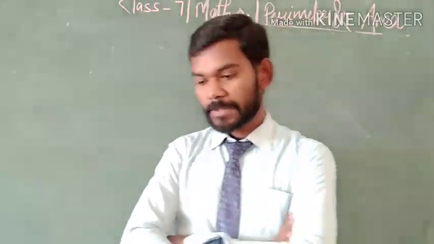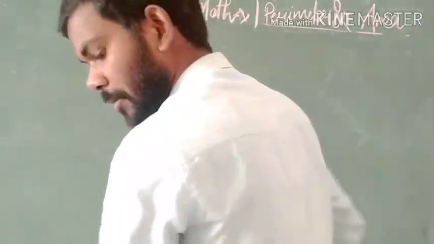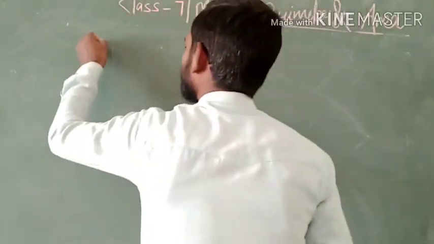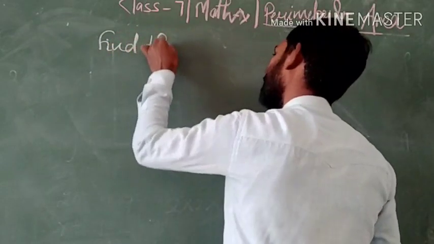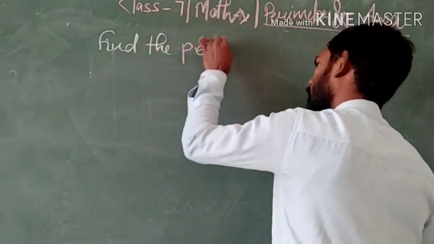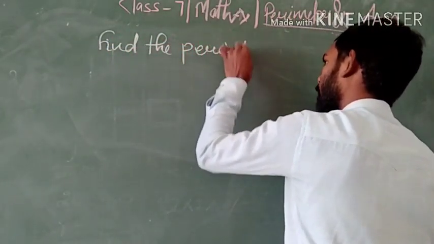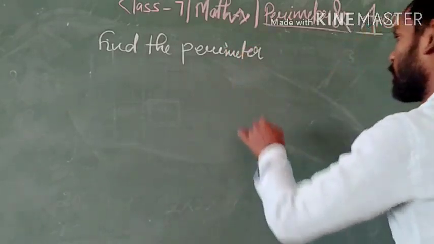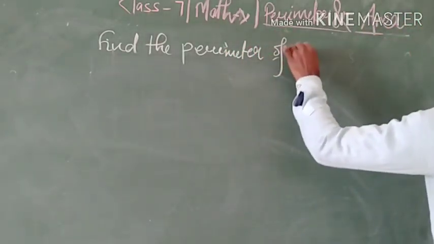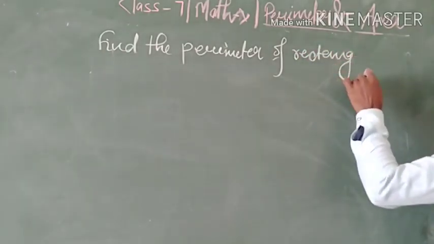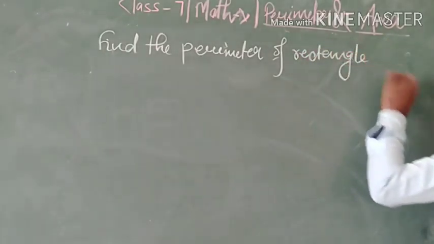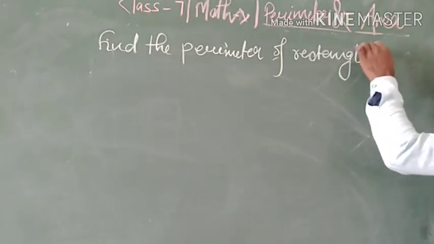The question is: find the perimeter of the rectangle.